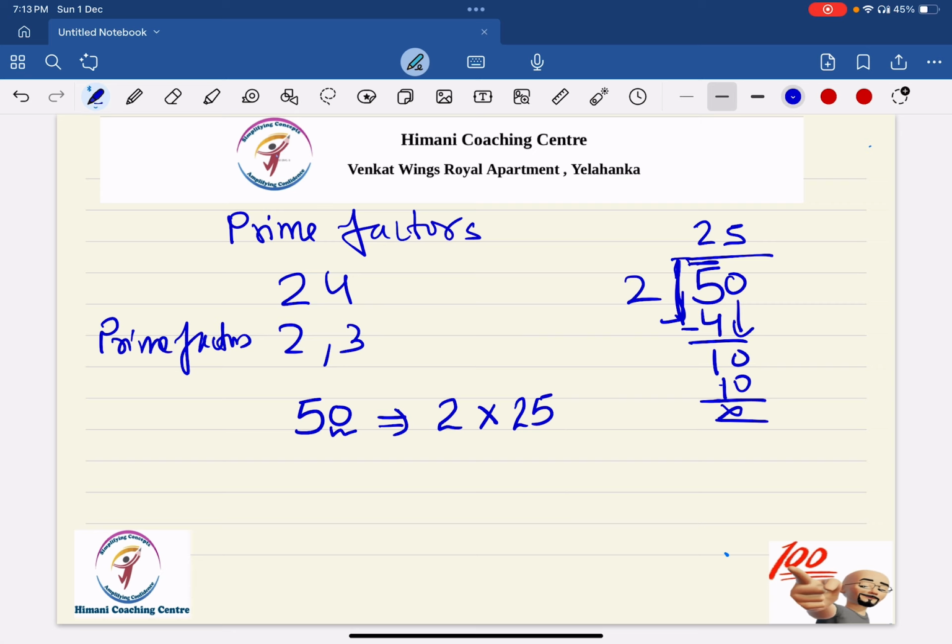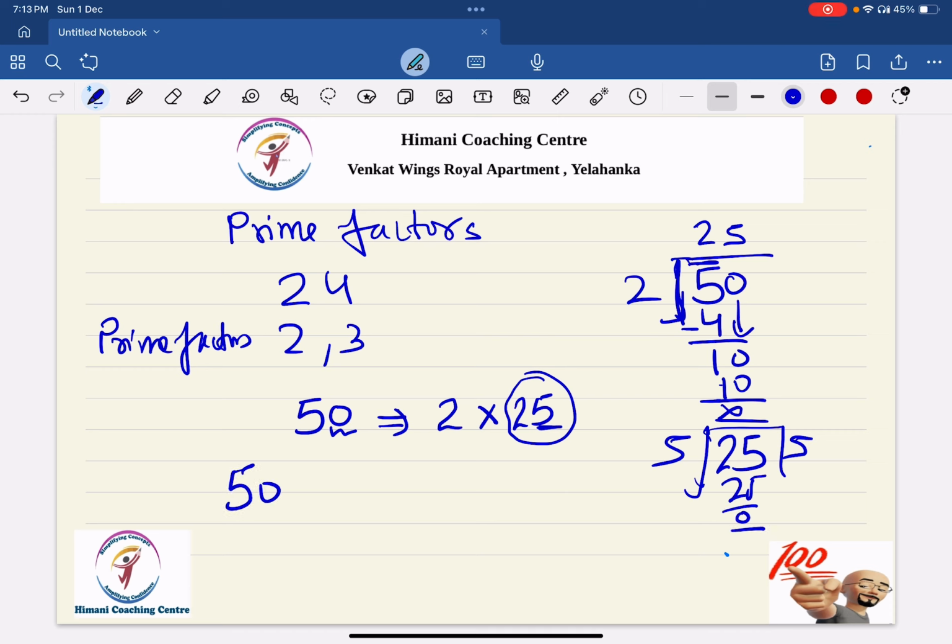Now we have to find the factors of 25. A 5 at the unit digit means this number is divisible by 5. So let us divide this by 5. 5 times 5 gives us 25. Remainder is 0.